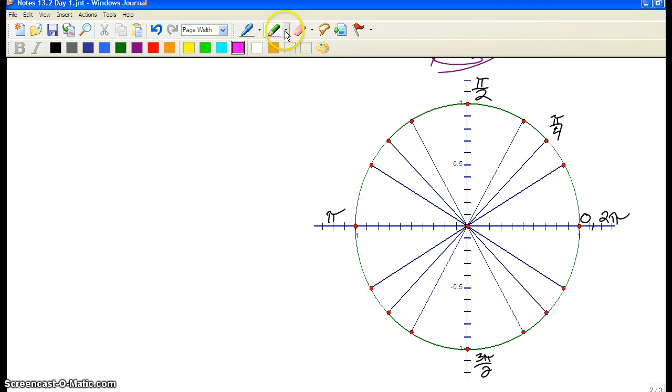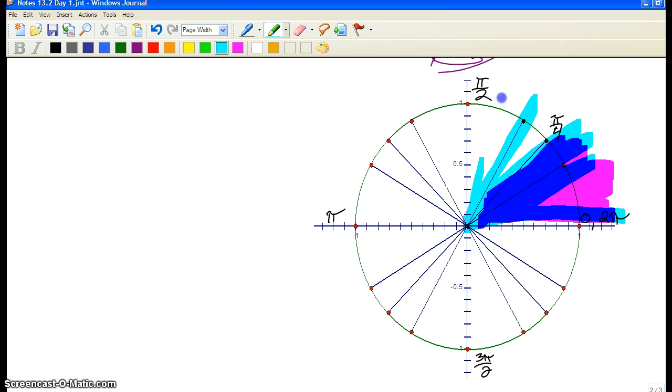Okay, let's check this out right here. This opening, this angle right there, that is 1/4 pi, correct? This opening, that part included with this, how many fourths pi is that? That's 2/4, right?